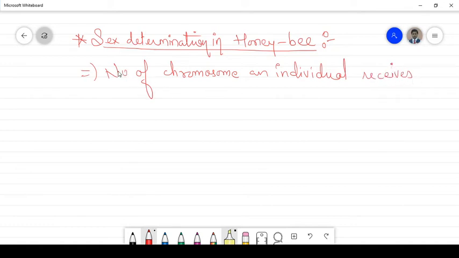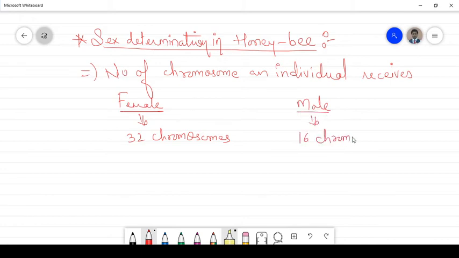The female honeybee has 32 chromosomes, whereas the male has half the number of the female, that is 16 chromosomes.